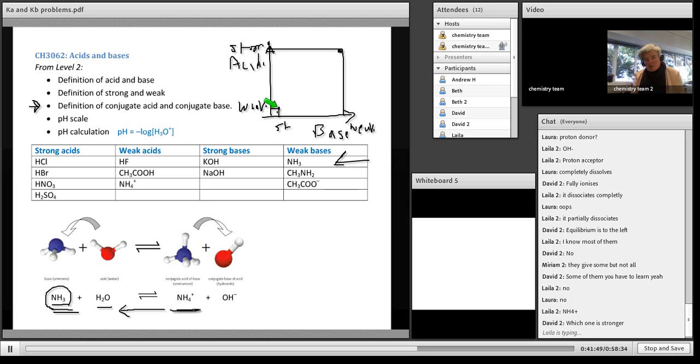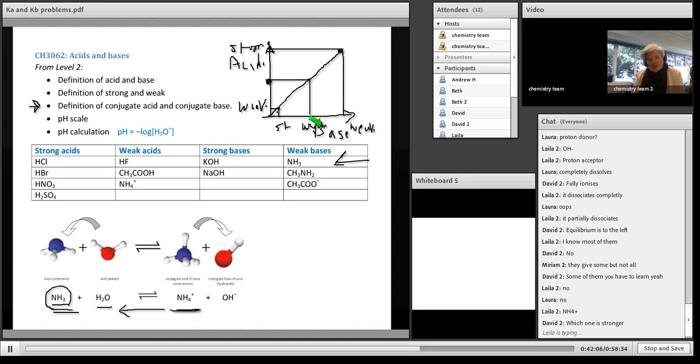So if I've swapped them around, it follows pretty much a line like that. So if something's a weak acid, its conjugate base is also in the weak line. It's sort of in between. So does that make sense?